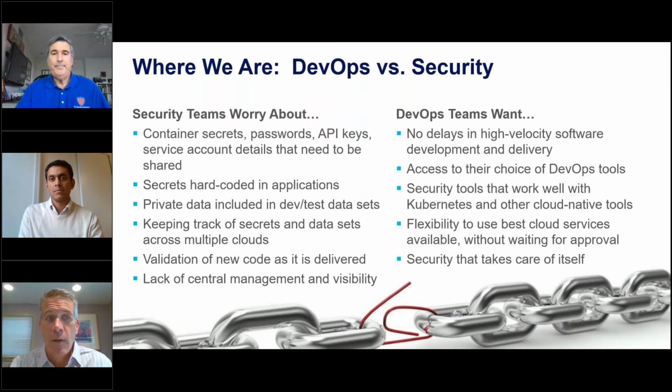And when I show you these two lists here, both these lists are correct, right? So it's not that the security people think the DevOps people are irresponsible and insecure. Although it's not the DevOps people thinking that security teams are just trying to stop things from happening, although that may be how it gets experienced.